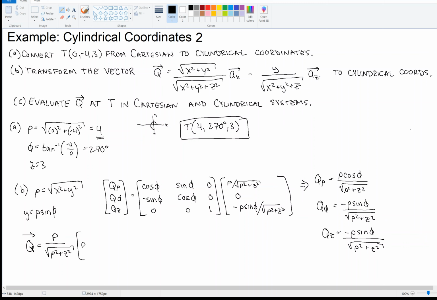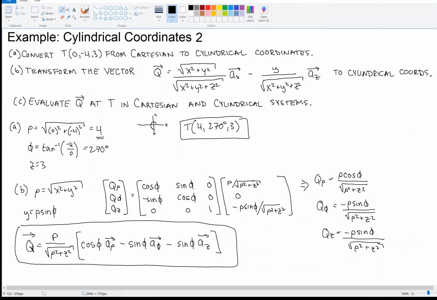We're left with cosine phi in the rho direction, right, minus sine phi in the phi direction, minus sine phi in the z direction, right? So that's what we have there. And that is our final answer for part B.